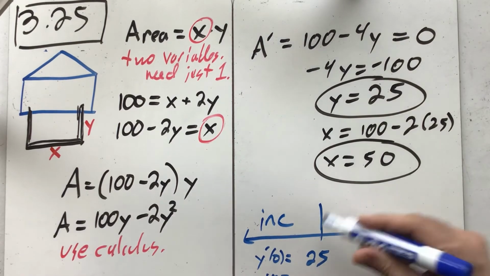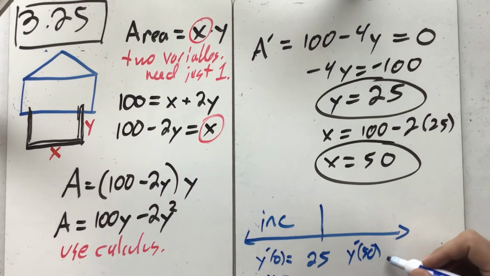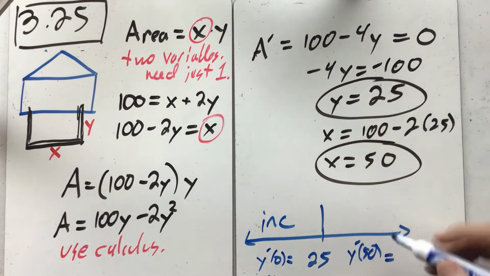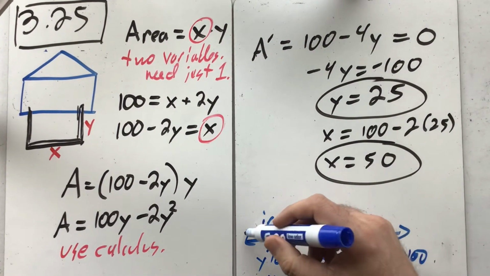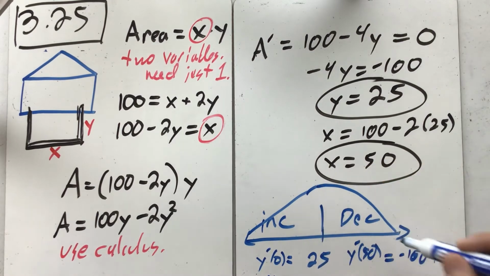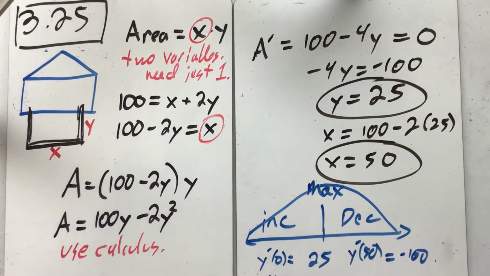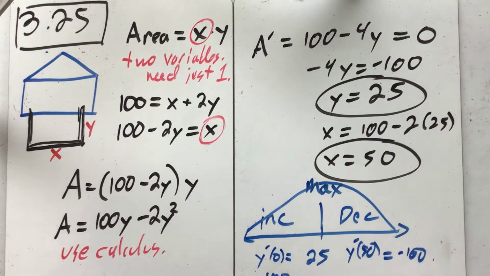And if I were to put, say, a number bigger than 25, say y prime of 50, that one would be, let's see, so if I put 50 in here, that's 200. That is negative 100. And so that means I'm decreasing here. So my function is increasing on one side and decreasing on another side. So we can see that that point, that 25 here, is necessarily a maximum value. So that tells us that we found the largest height and not just some random height.